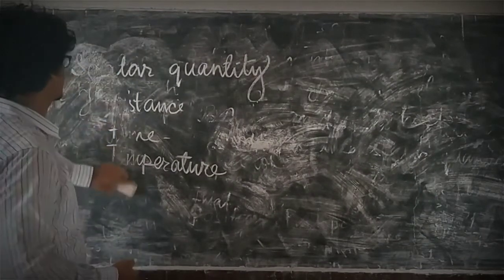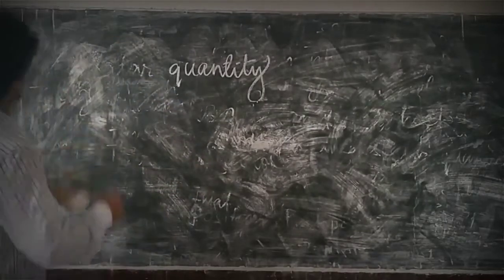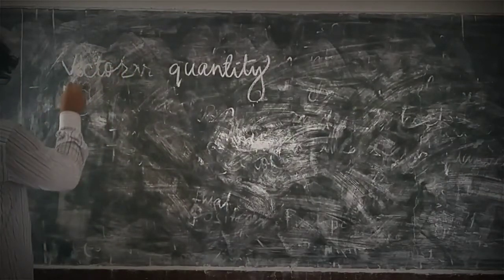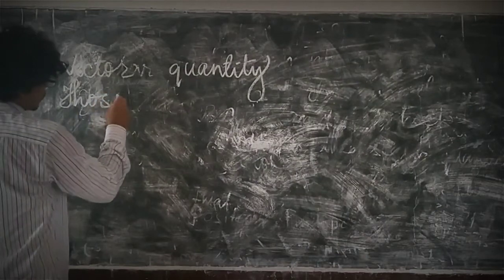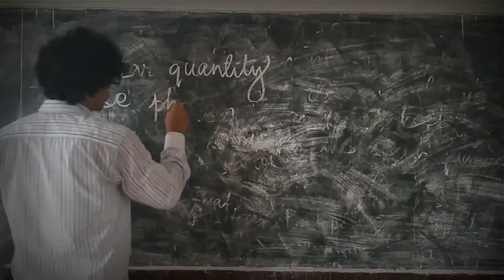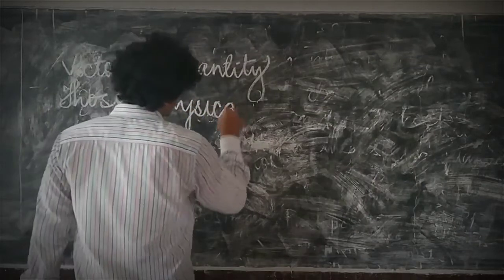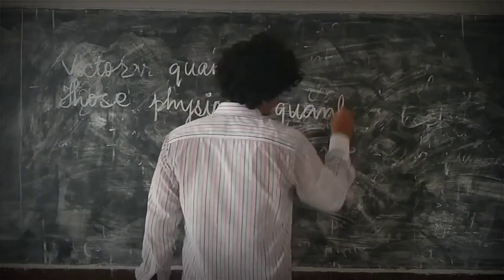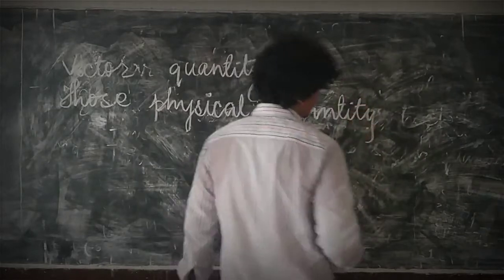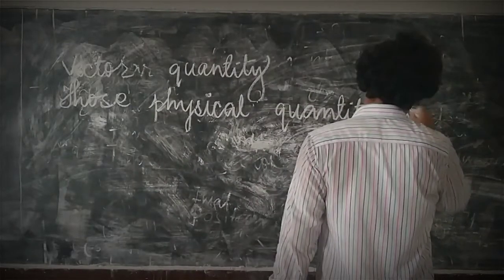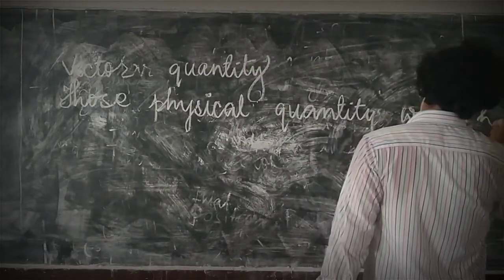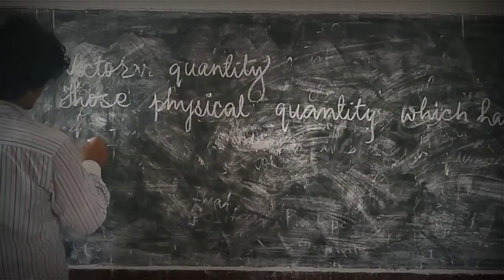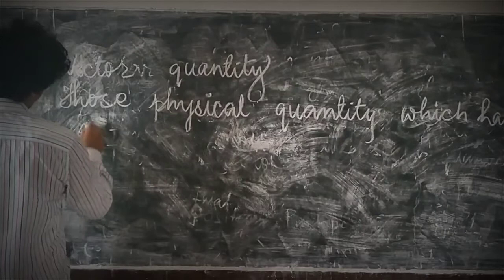Now let us see vector quantity. Vector quantities are those physical quantities which have magnitude as well as direction.